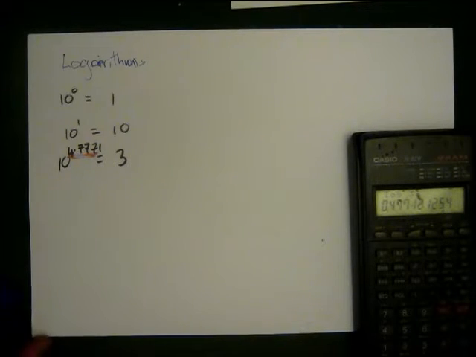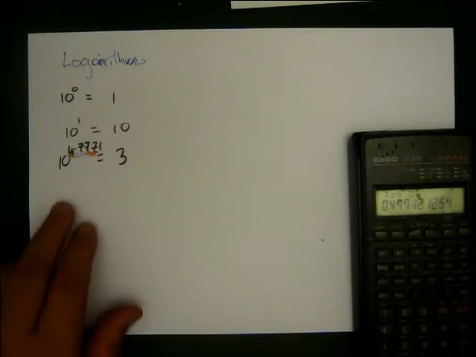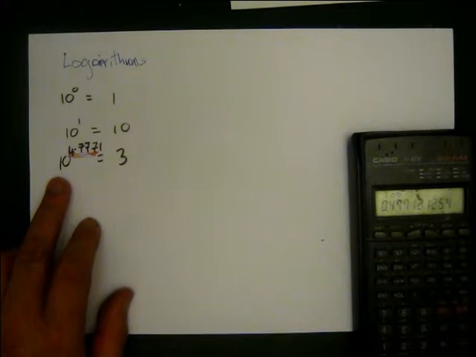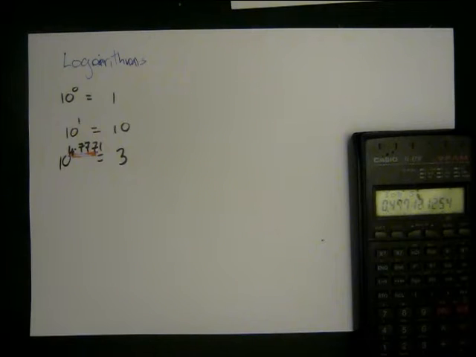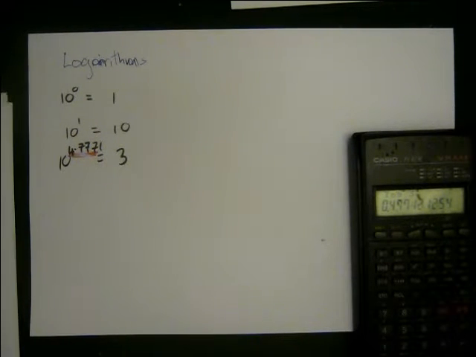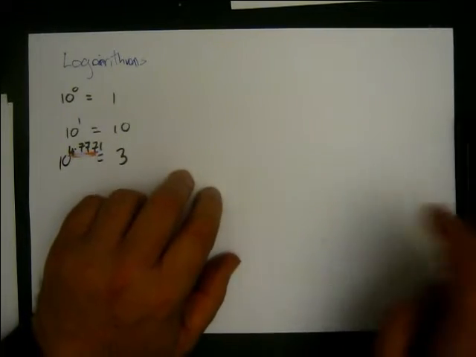And the most common logs that we use are going to be log 10, 10 to the power of whatever, or log e, which we'll get back to in a moment. Because we can use indices now, we can use those indice rules.